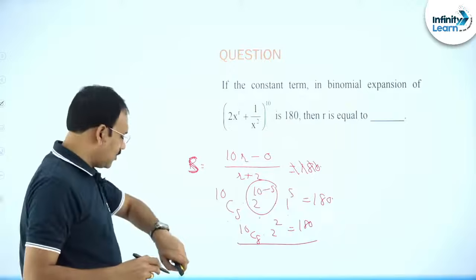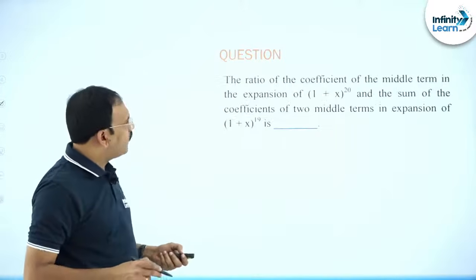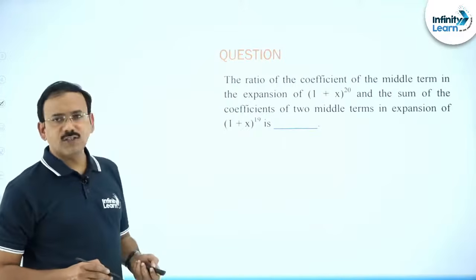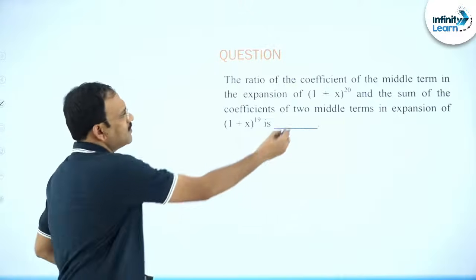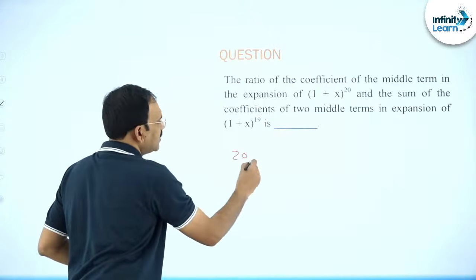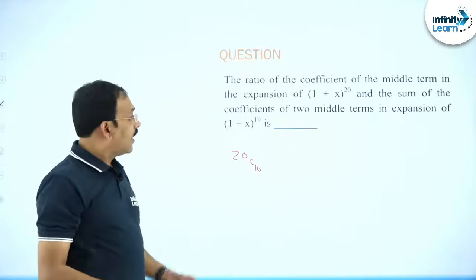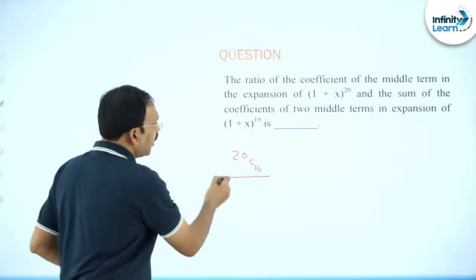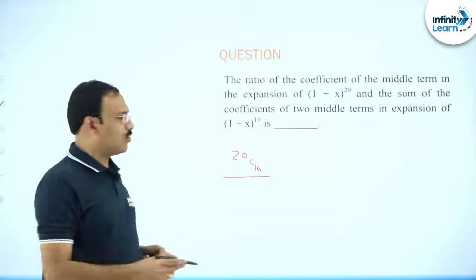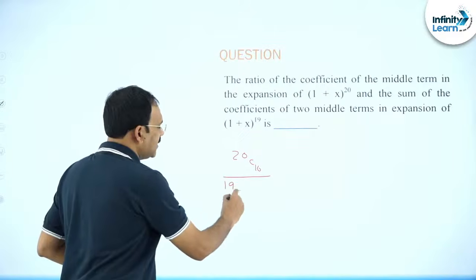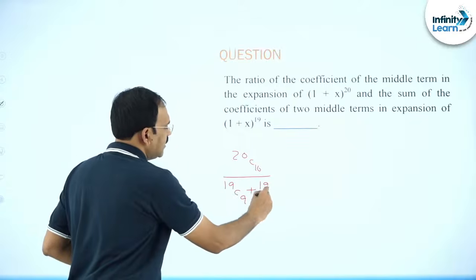Now dear students, in the same way, even this problem also: the ratio of the coefficient of the middle term, what is the middle term here? 20C10, isn't it? And the sum of coefficients of the middle two terms, you see 19, no. So you will get 19C9 plus 19C10.